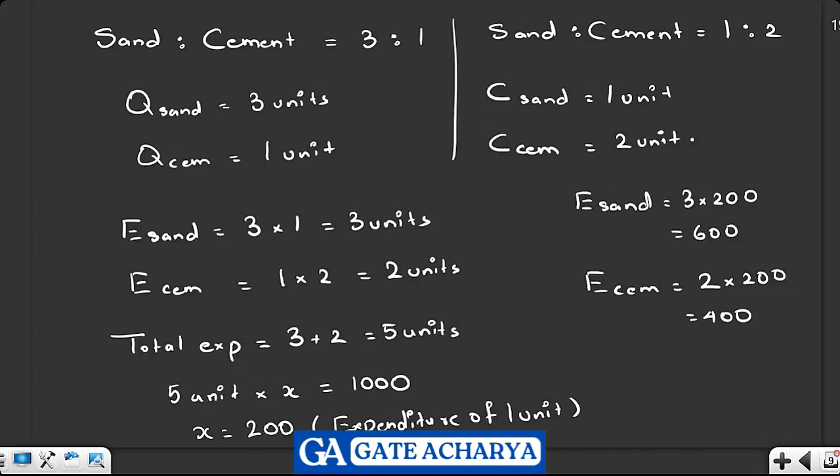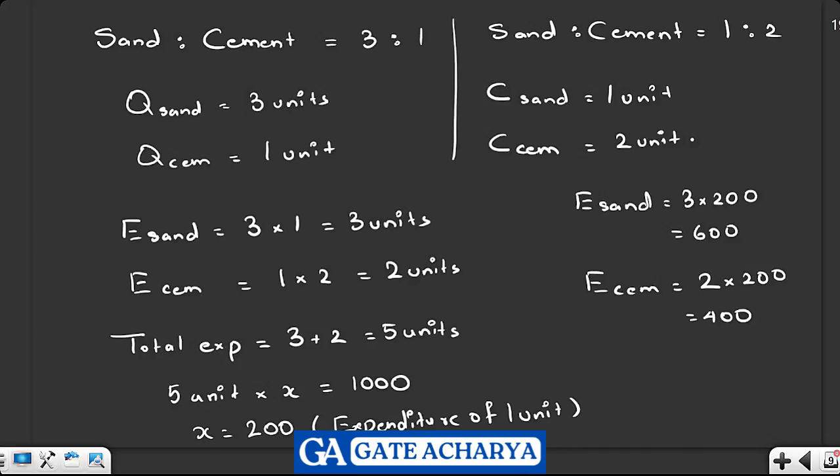Whatever quantity of cement comes, it is some multiple of one, such that the ratio comes out to be 3:1. It can have multiple values, like 12 and 4, or 15 and 5. You can create a lot of conditions here. So instead of going for bigger values, I'm just assuming the quantity is 3 units.